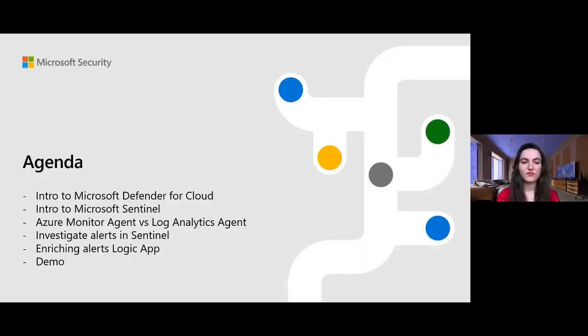So it's actually been in GA for a while, but it's now publicly available for Defender for Cloud. So we're going to go into that and how we can use it to get data for Defender for Cloud and then get it into Sentinel. And then afterwards, we're going to talk about how you can investigate alerts in Sentinel and then how you can enrich alerts using a logic app that Julio created. So we're going to have demos for all of these things.